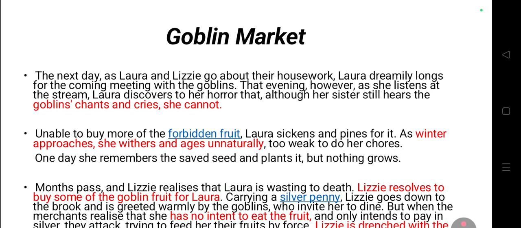That evening, however, as she listens at the stream, Laura discovers to her horror that although her sister still hears the goblins' chants and cries, she cannot. Why? Again, be reminded of Saturn. Did Saturn visit Eve again after manipulating her, after providing her that forbidden fruit?